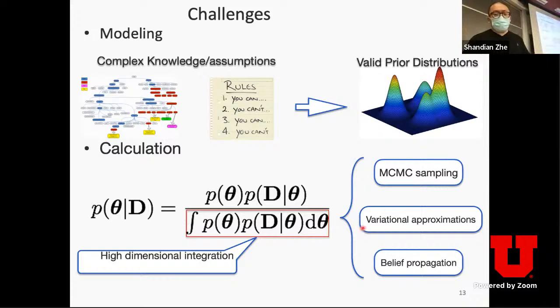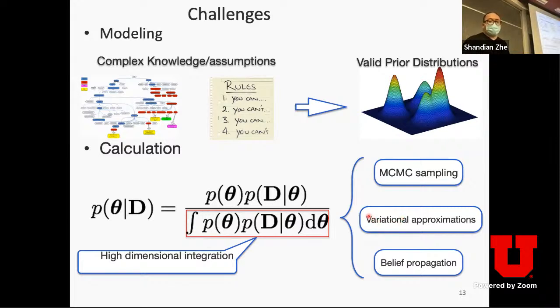Another type of method is called variational approximation. Variational approximation in general will be much faster than Markov chain Monte Carlo sampling because it converts the sampling problem into an optimization problem. So you're essentially conducting some optimization instead of performing sampling. That's why it is faster.